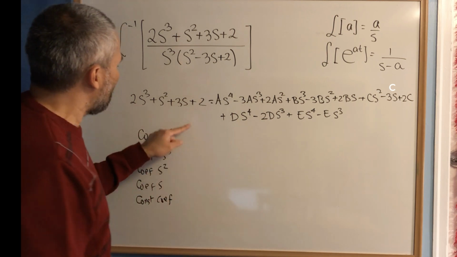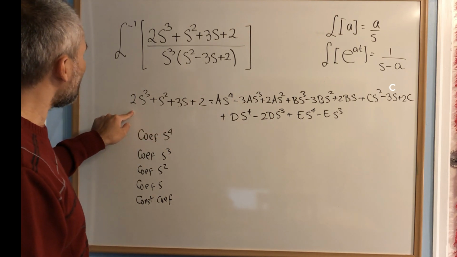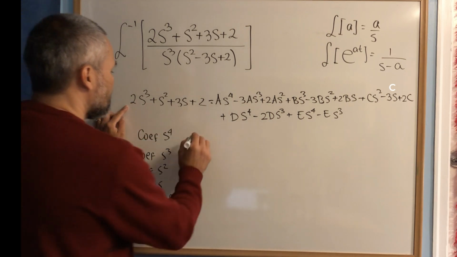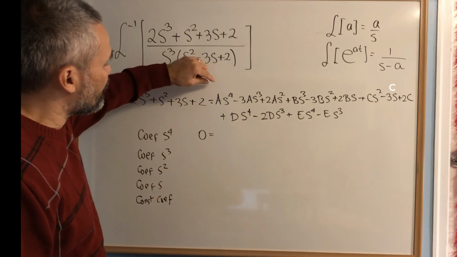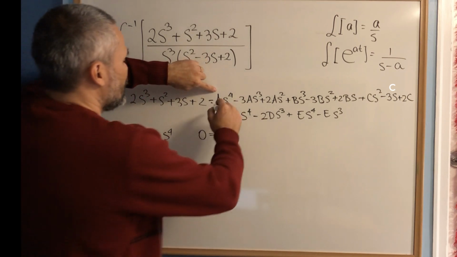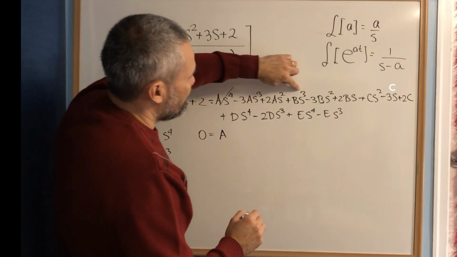What is the coefficient of s to the 4 on the left-hand side? We notice that there is no s to the 4, so the coefficient of s to the 4 is 0. And the coefficient of s to the 4 on the right, we have this one, and a. What else do we have?